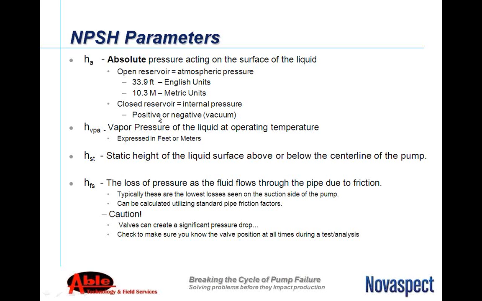In a closed reservoir, you don't have this to help you, so you're going to have either a positive or a negative pressure, which would be in a vacuum. A good example would be a condenser unit that operates in a vacuum, but yet there's a level of liquid above that pump. Those all have to be calculated out. So when you're sizing that pump, you'll get it right on what kind of NPSH available you have.